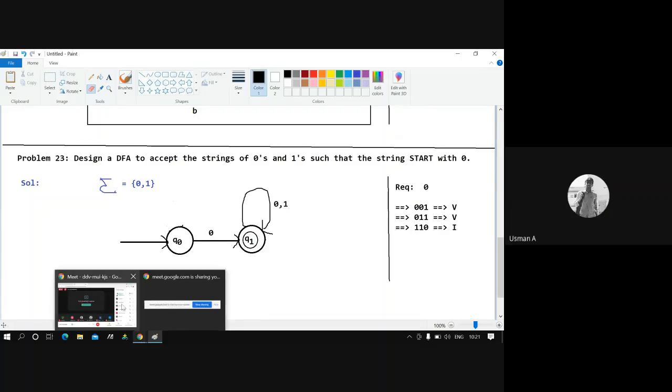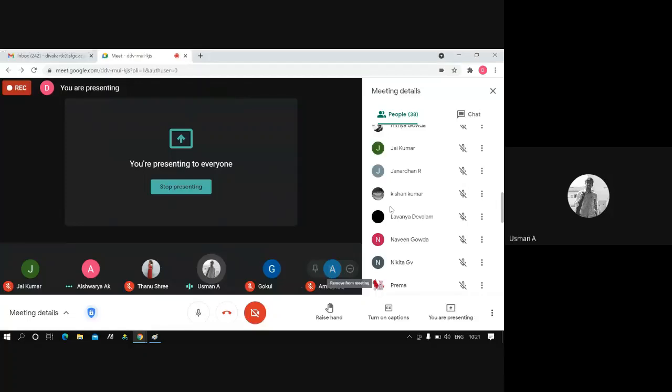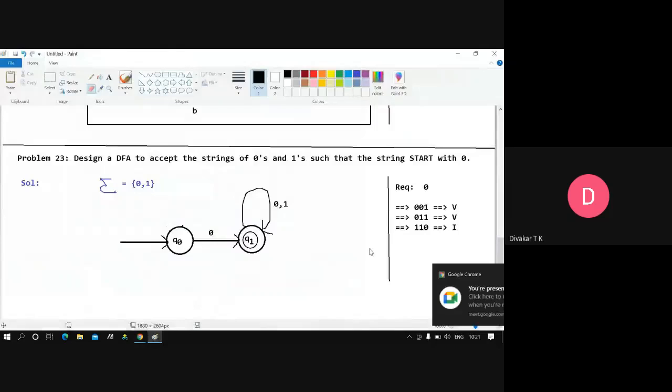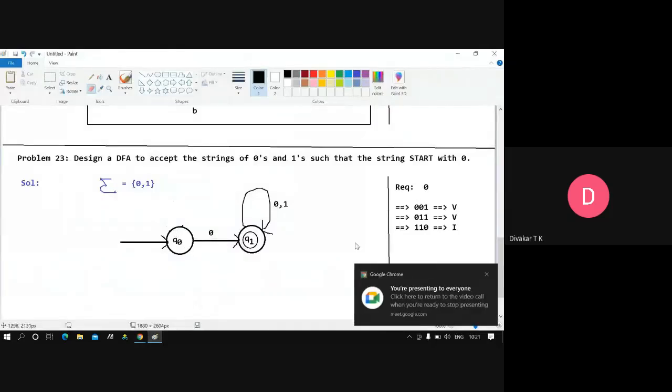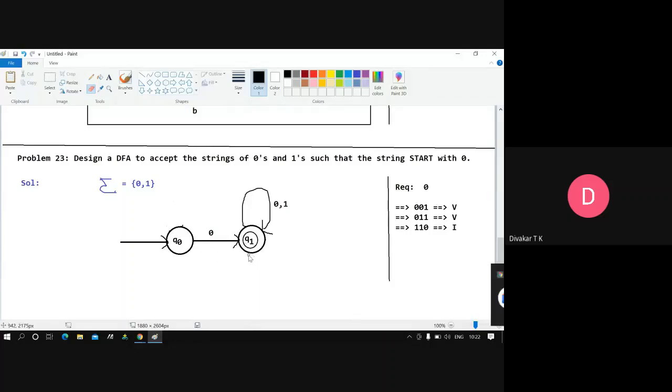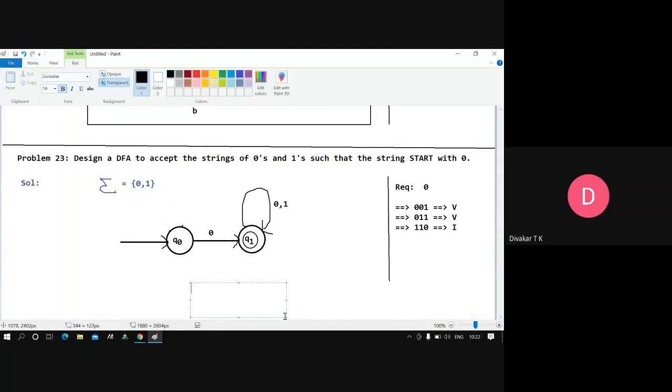Sir, we can create another DFA diagram now, from Q0 to a new one. Starting, you only told that requirement in Q0. If I create one more state also, what can we do? Why should we create one more?